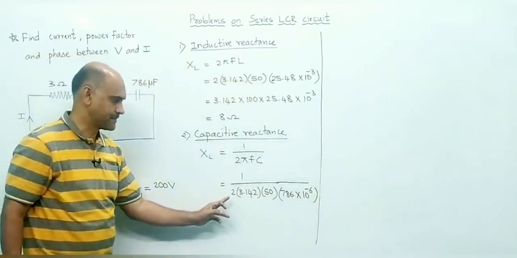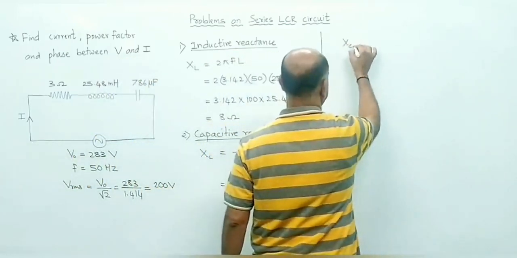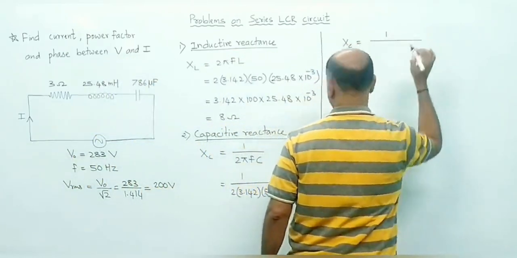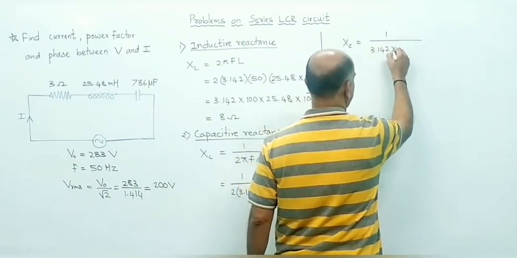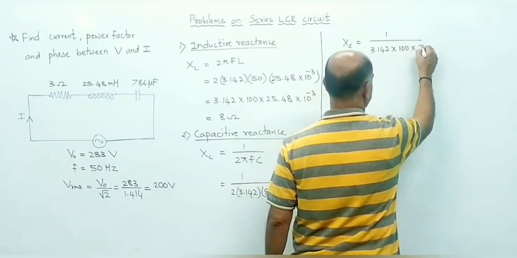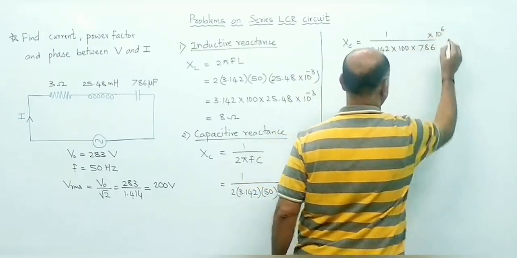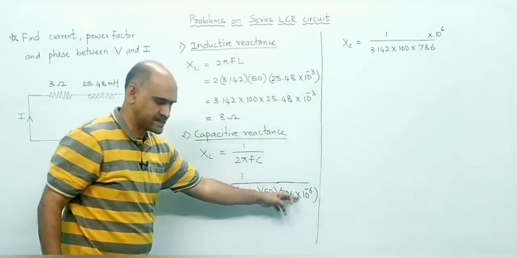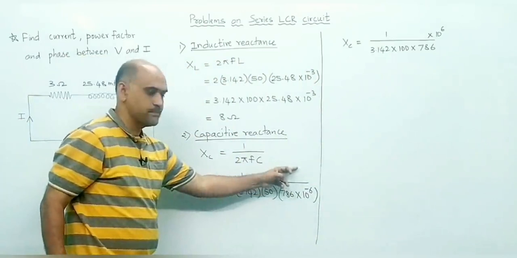Again if I simplify this, 50 into 2 is 100. So XC is equal to 1 by 3.142 into 100 into 786 into 10 raised to 6. This 10 raised to minus 6 I have taken to the numerator, so 10 raised to plus 6.